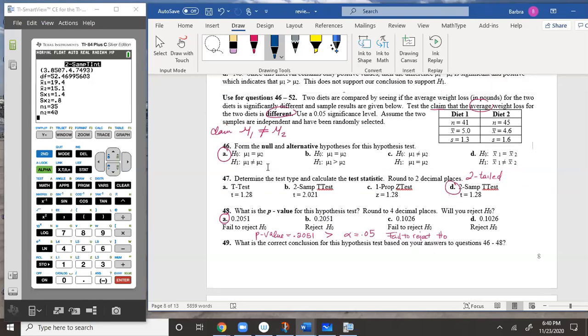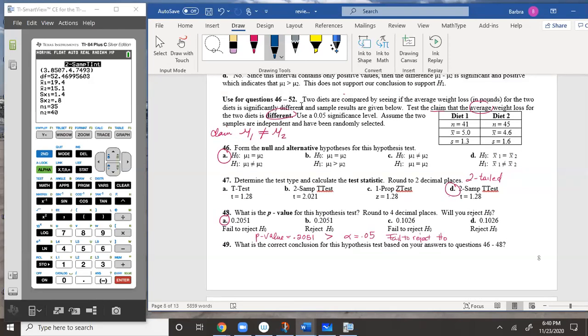All right, so in number 46 through 52, two diets are compared by seeing if the average weight loss in pounds for the two diets is significantly different, and sample results are given below. Test the claim that the average weight loss for the two diets is different. Use a 0.05 significance level and assume the samples are independent and have been randomly selected. So the claim is the average is different.